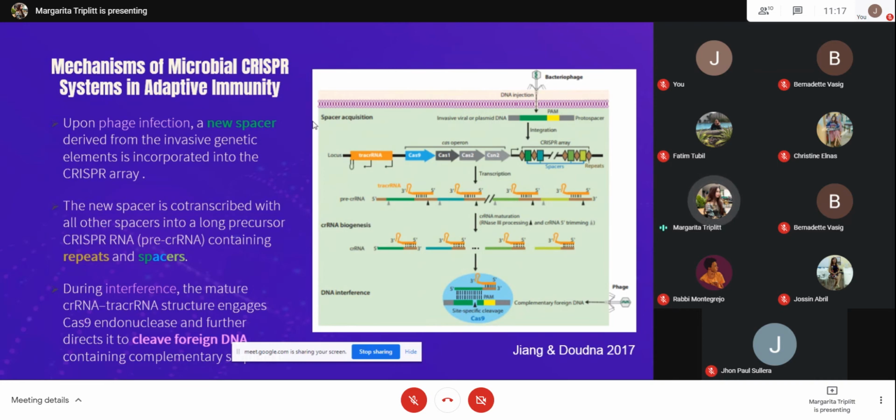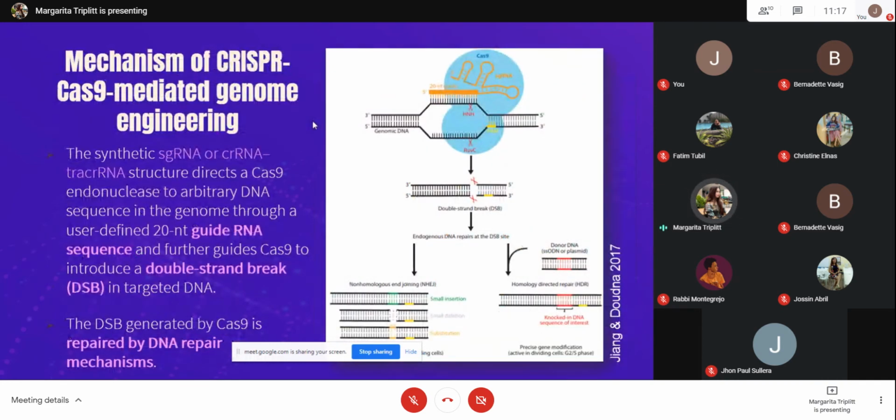Next is the mechanism of CRISPR-Cas9 in genome engineering. Now, it is somewhat similar to the mechanism of the CRISPR-Cas system or complex in eukaryotic organisms. So the mechanism of CRISPR-Cas9 mediated genome engineering is that they have a single RNA, which is composed of CRISPR RNA and tracer RNA, which was discussed prior to this.